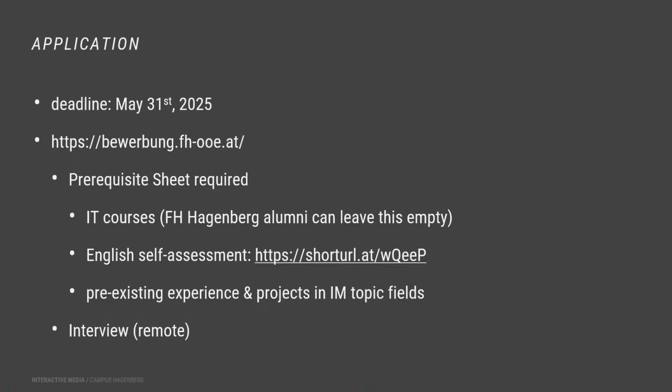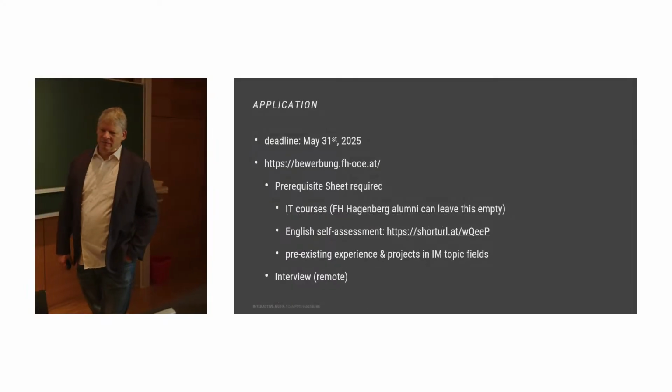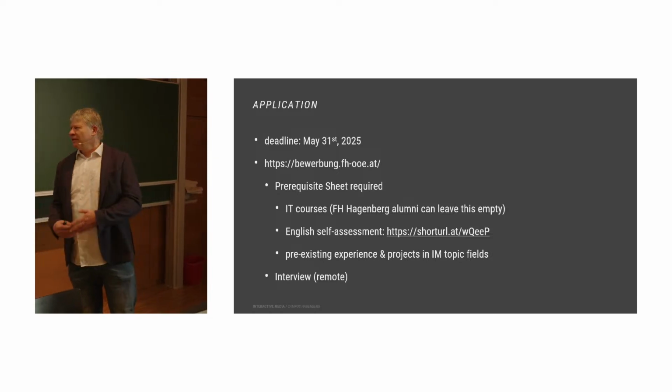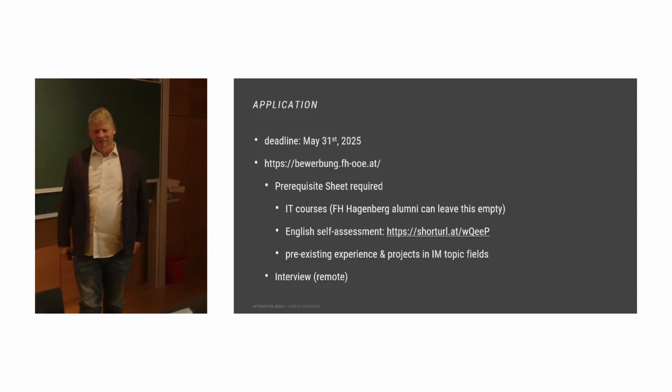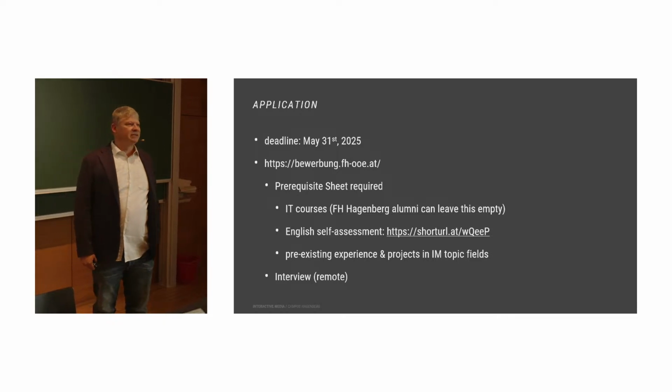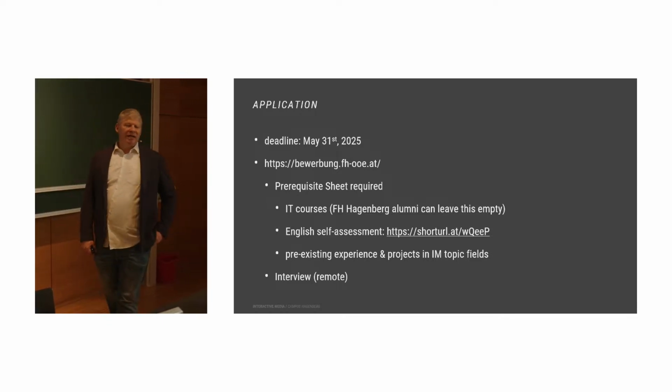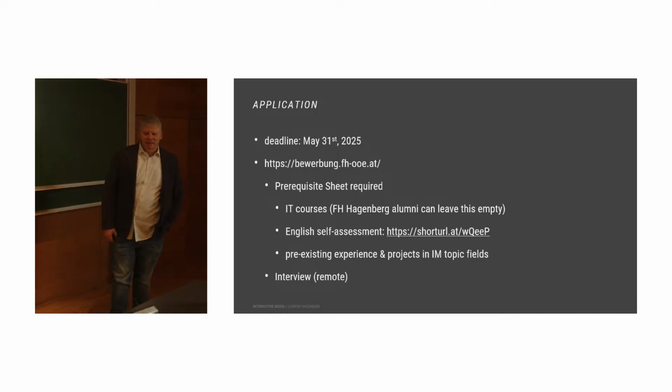Then we would ask you to self-assess your English knowledge and to tell us about pre-existing experiences and projects in IM topic fields, if you already worked with a web agency, or maybe created a game, or had some experience in computer graphics and so on. And with every applicant, we will also do a remote interview.